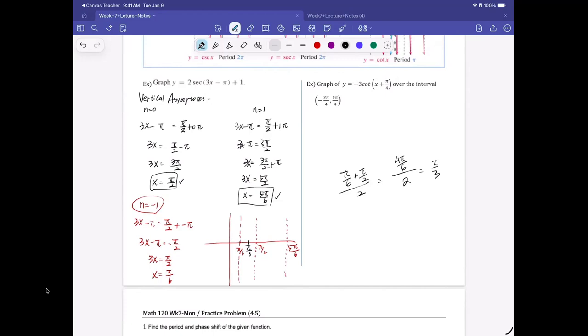So when x is pi over 3, if you plug into the x, then you're going to get the only integer. You're going to get 3. So the 3, 1, 2, 3, right there.